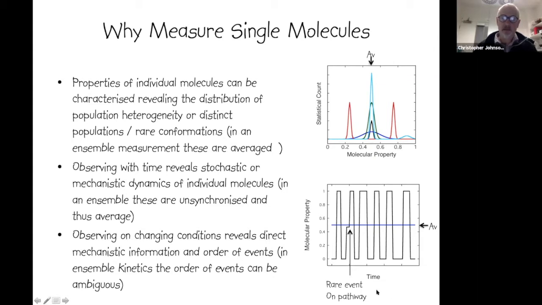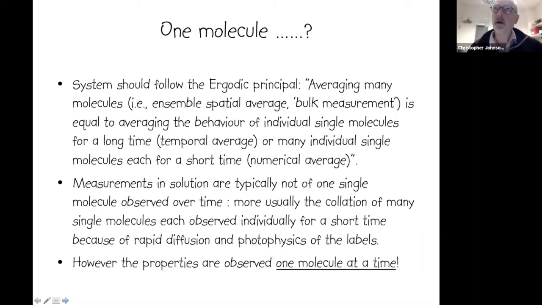And from a kinetic standpoint, if you make ensemble kinetic measurements, the actual order of events can be ambiguous, whereas in single molecule events, you're able to observe this as in this case, an on-pathway event between these two states. So these are pretty important and very powerful aspects of single molecule measurement.